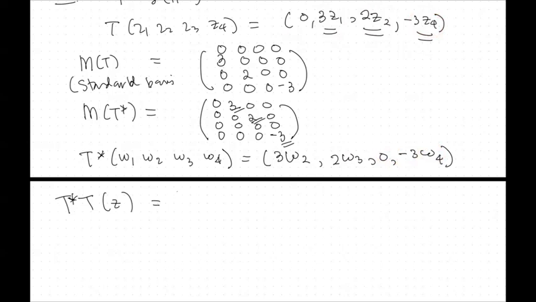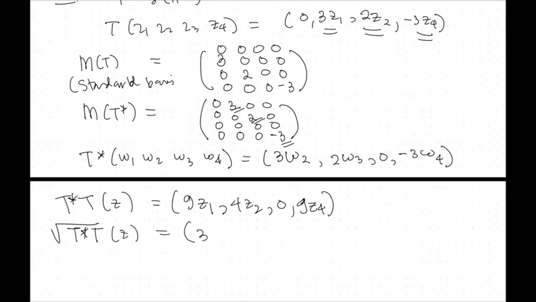Again, you can pause that. This will give us 9Z1, 4Z2, 0, and 9Z4. If we take the square root, this will give us 3Z1, square root of 4 is 2, so 2Z2, then 0, and 3Z4.